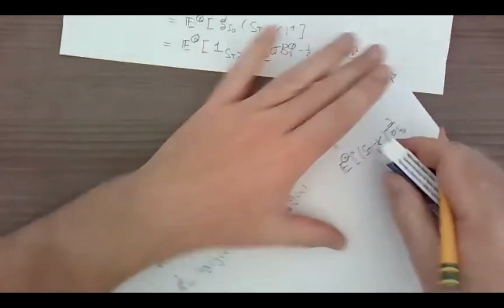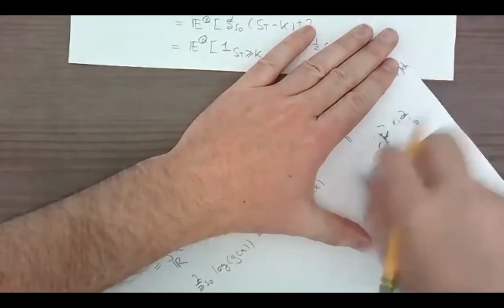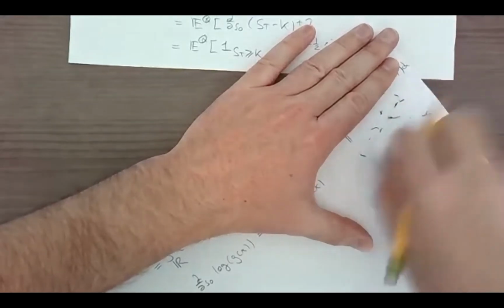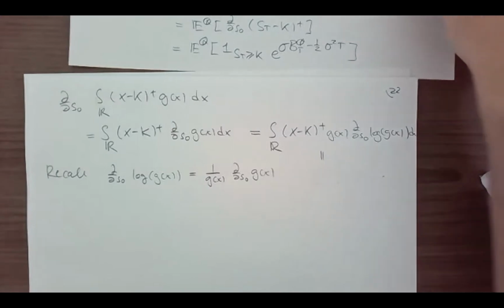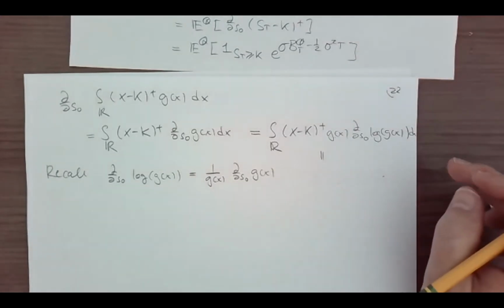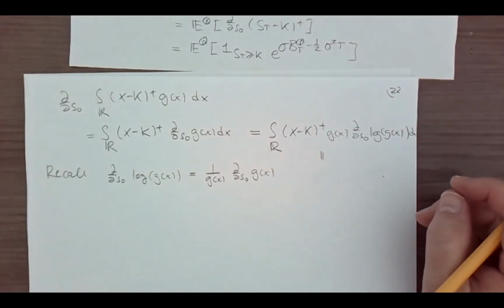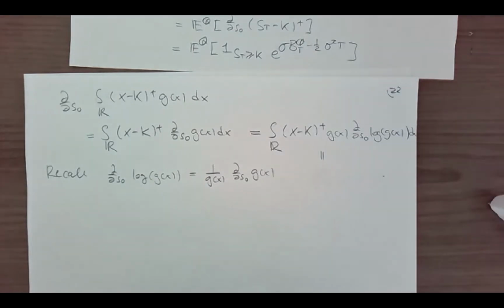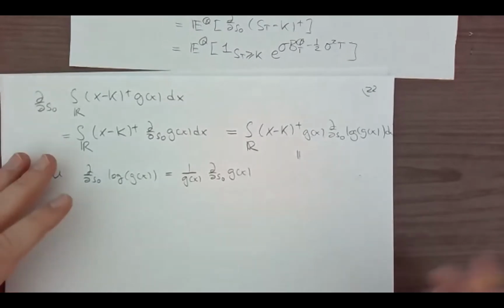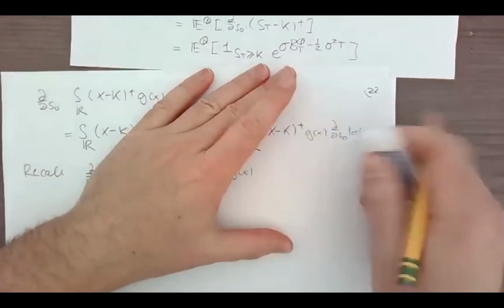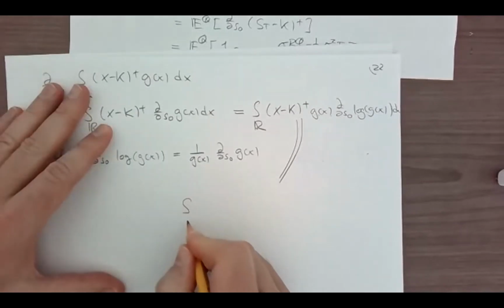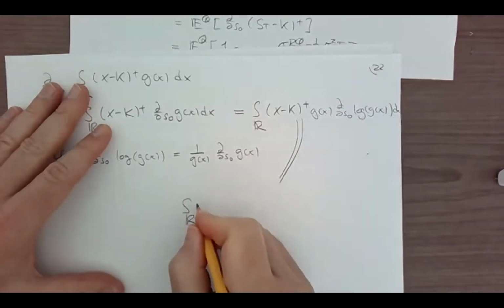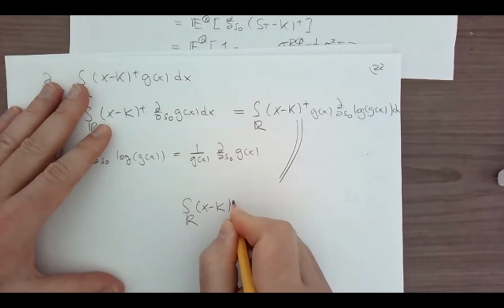It becomes an integral over R of (x minus k) positive part.